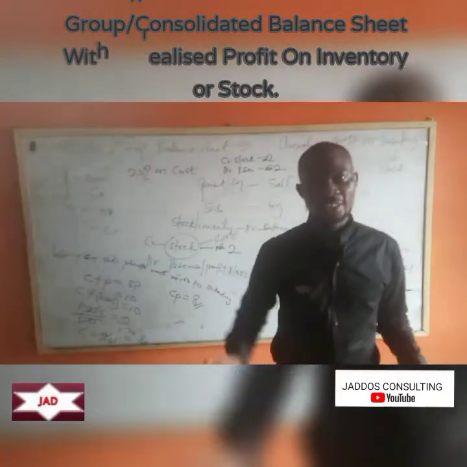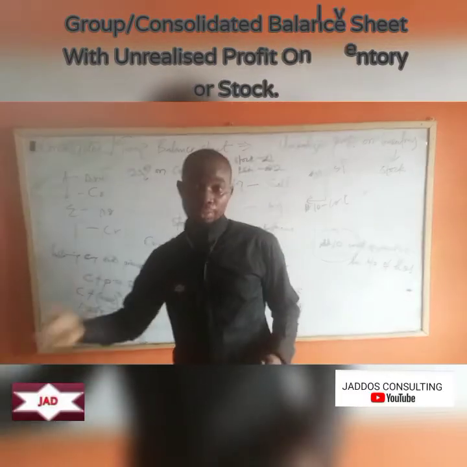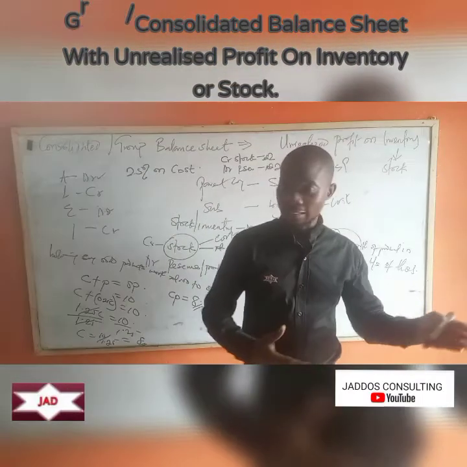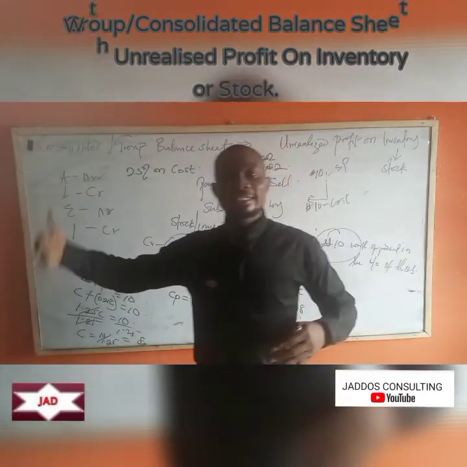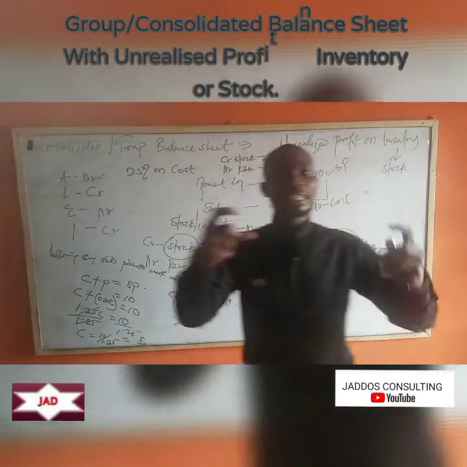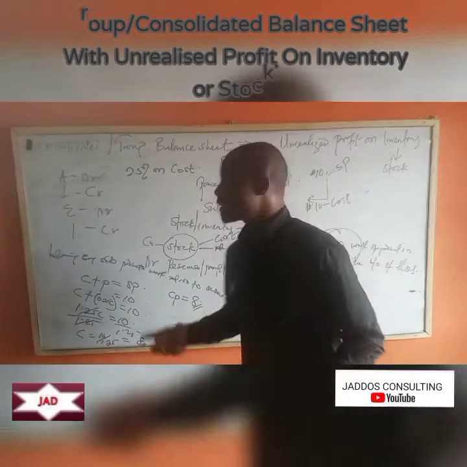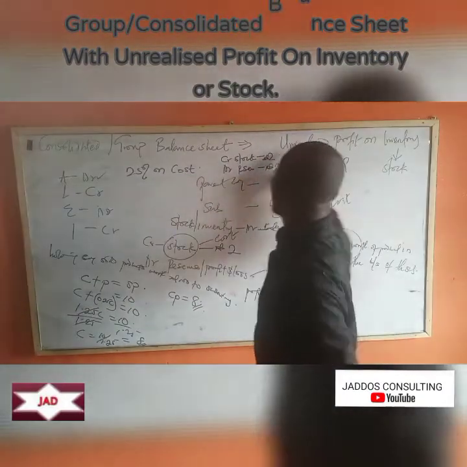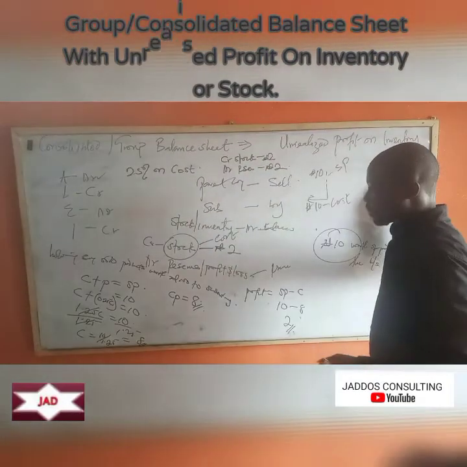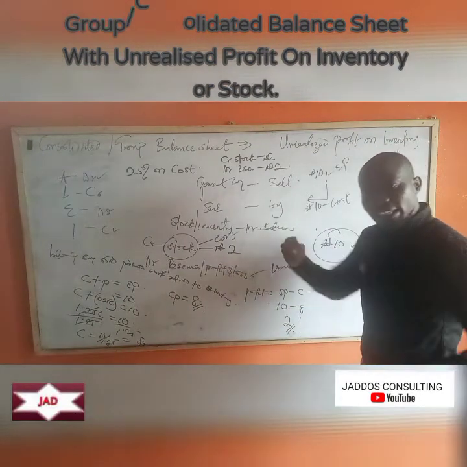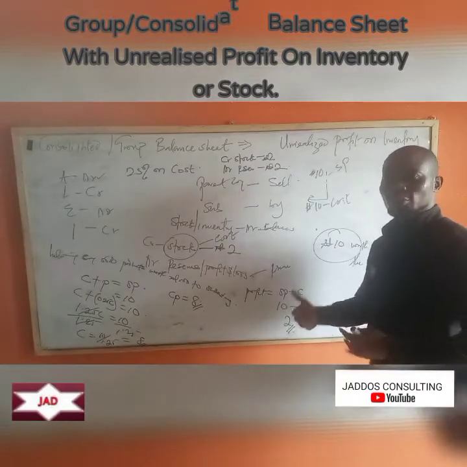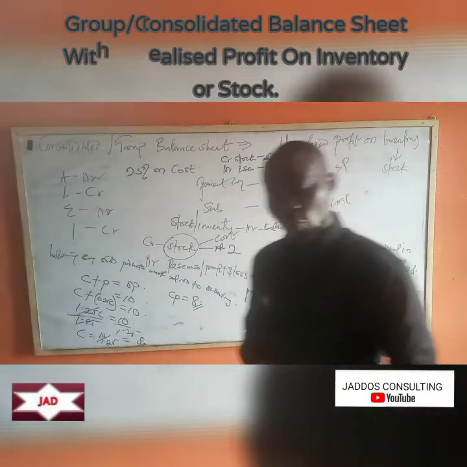I've taught you that. You can take the class. I believe that you'll be following up. So I don't advise you to jump class. Go and follow up from the beginning and then see how we're doing it. So every other thing I've taught is relevant. Here, I'm only helping us understand how to adjust for unrealized profit on inventory. So once you get that profit element that you need to adjust for, once you eliminate it, you get a revised value, you can then go ahead and do your consolidation.